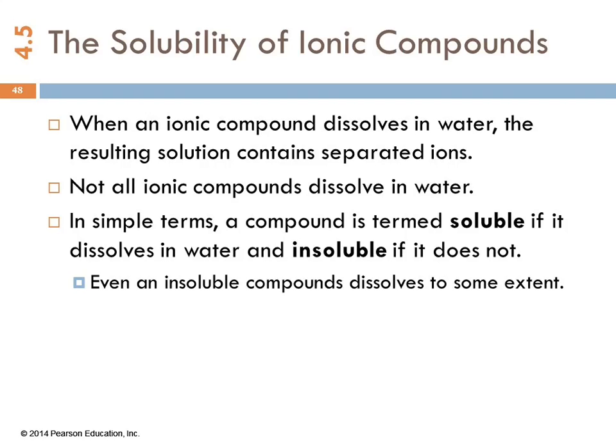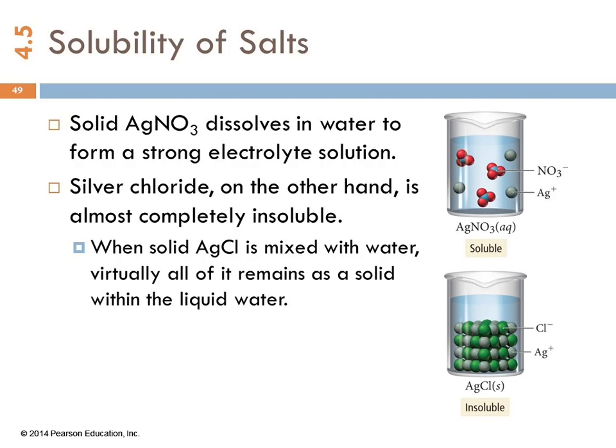That's certainly possible. So even 1 ion going off means it's dissolving a little bit. So I just want you to understand that even though we say something is insoluble, that doesn't mean that there are no ions. There may be almost no ions. It may not conduct electricity at all, but even an insoluble compound dissolves just a little bit.